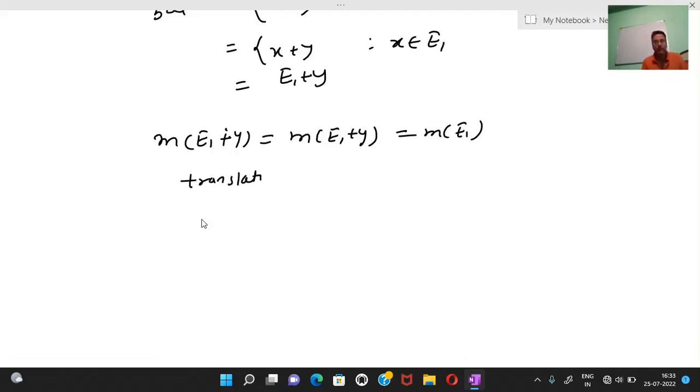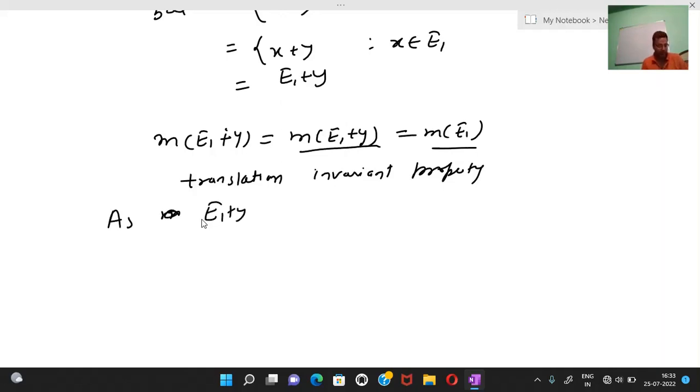Translation invariant property. We proved m of E1 plus dot y equal to the measure of E1 plus y, and we know that the measure of E1 plus y equal to the measure of E1, as E1 plus y is measurable.